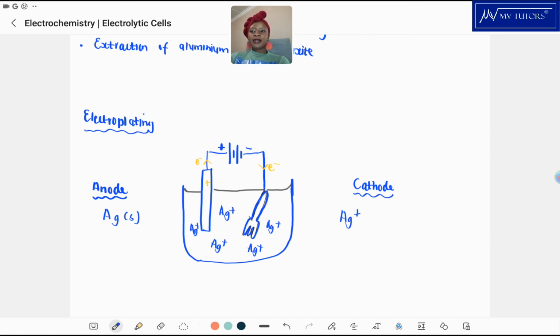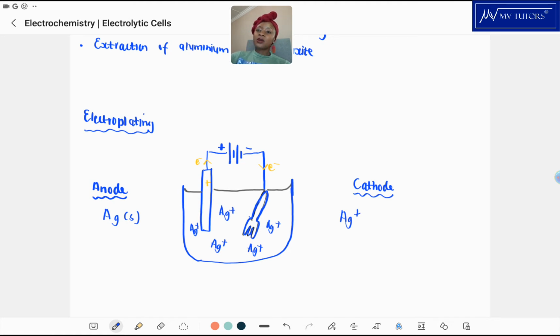You have a metal there that is of less quality, or the least expensive, because silver is quite expensive. And I did mention in the first video of electrochemistry that the electrolytic cell process is very expensive because we're taking electrical energy and converting it to chemical energy.